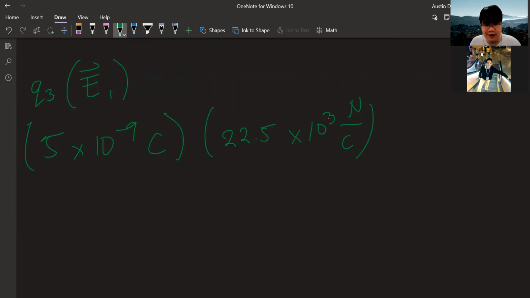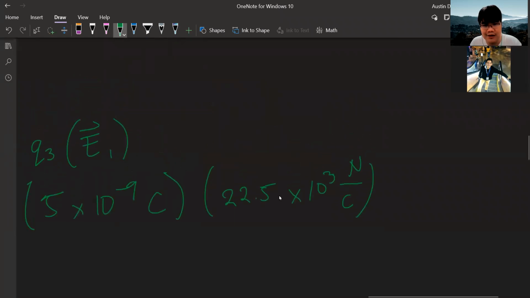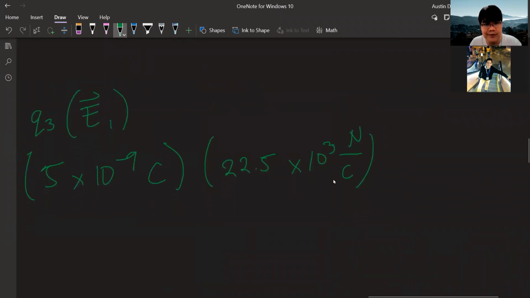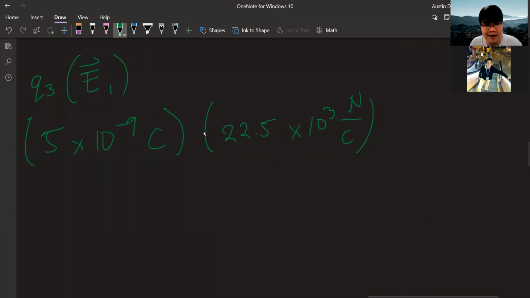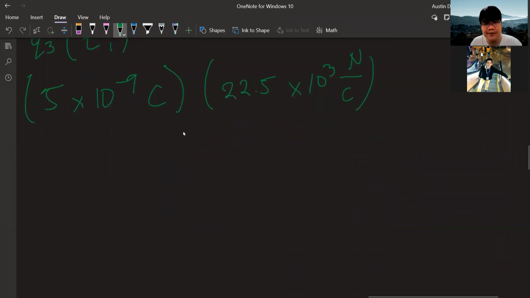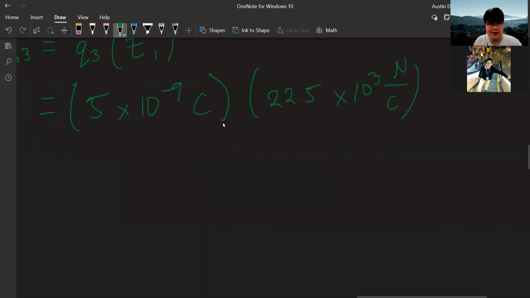Okay, why did I convert my notation to scientific notation? Because it's easier when the powers of your scientific notation are multiples of 3. Because what comes out here, when I multiply them, would be 12.5 times 10 to the negative 6 newtons.